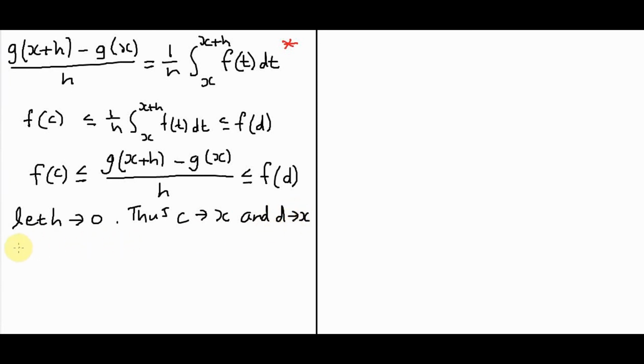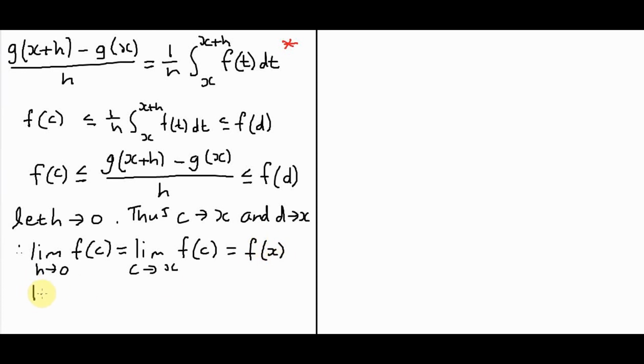So then the limit as h approaches 0 of f of c will be the same as the limit as c approaches x of f of c. And since f is continuous at x, this will equal f of x.